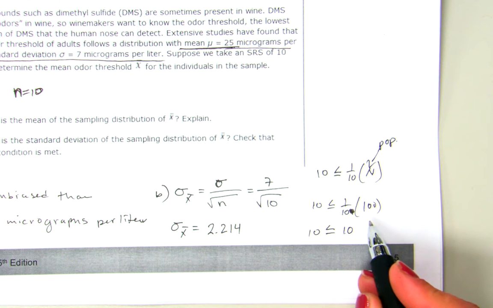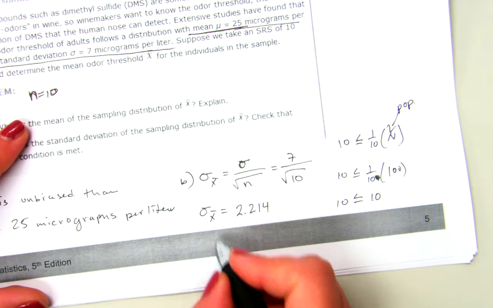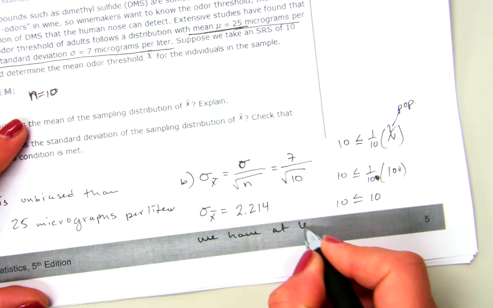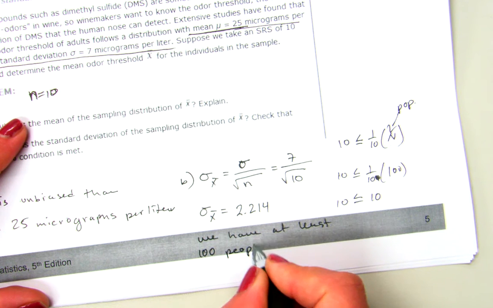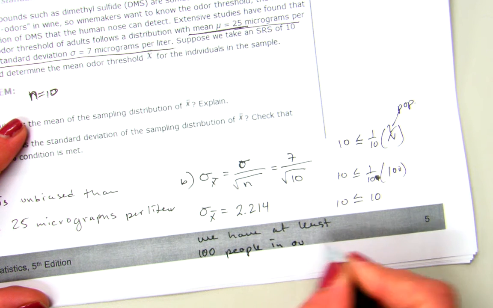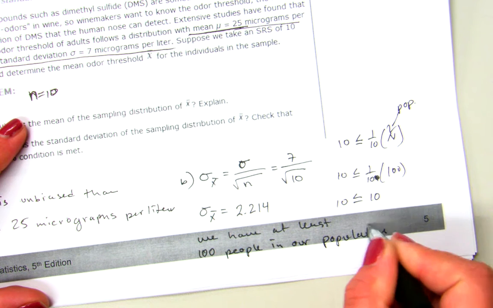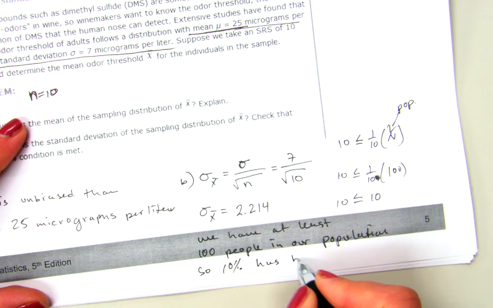So do we have at least 100 people in our population? Yes, we do. So we're good to go. The 10% condition has been met.